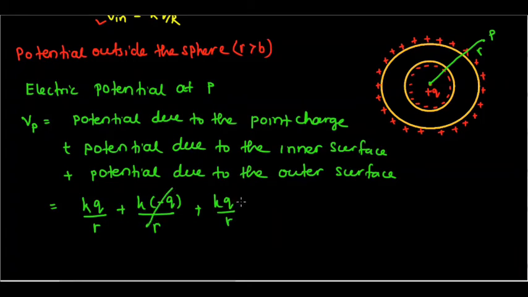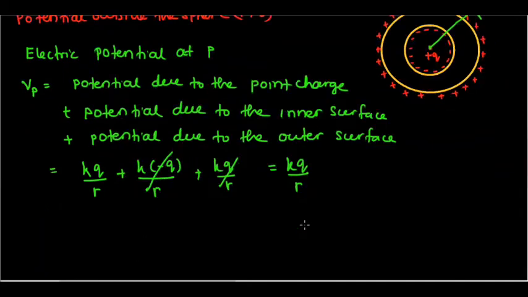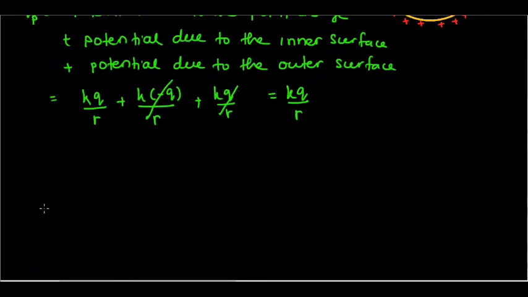So these two terms will cancel and you will get kQ by r. The potential at the point P is equal to kQ by r. So I can write that V outside is equal to kQ by r. Is that clear? Now we will find the potential on the sphere. The next one is potential on the sphere.